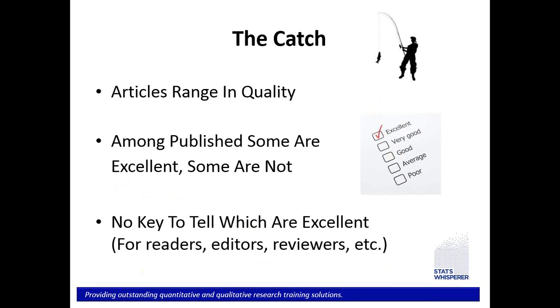Now, unfortunately, there's no key available in general to readers to identify which articles are excellent and which may be less than excellent, and that goes for readers, for editors, reviewers. So when a reader looks at the article, there's no guide for that reader to check off criteria to see if the article is between poor and excellent. The same with editors.